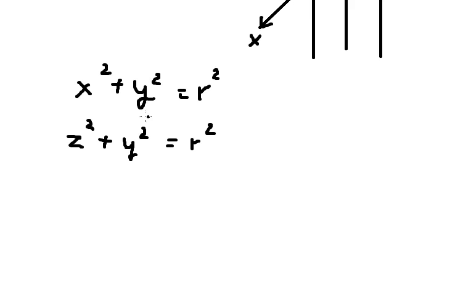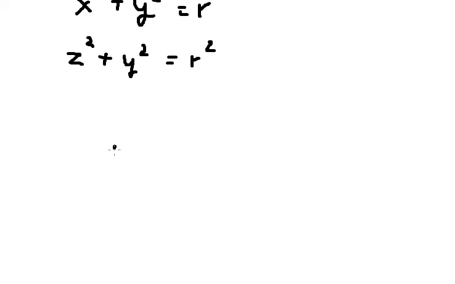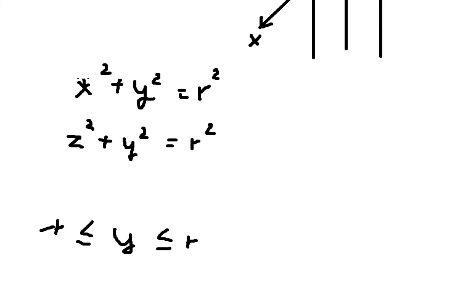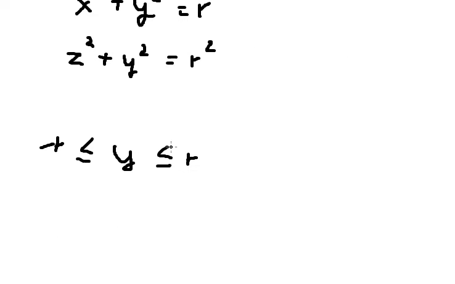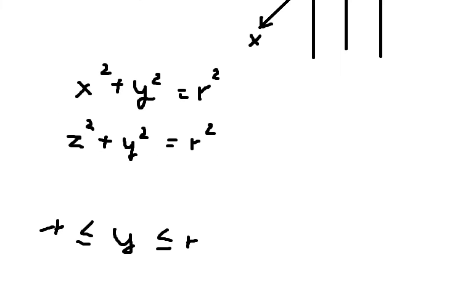So the first thing, we know that y is greater than or equal to negative r and smaller than r, because if I put x and z equal to 0, that's why we can find this one. And now I will put y square go to the right.